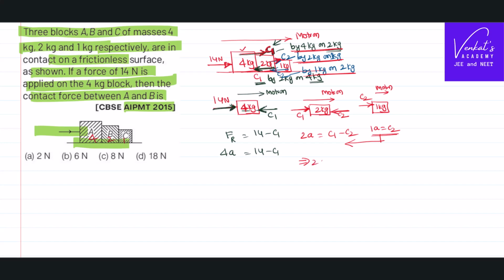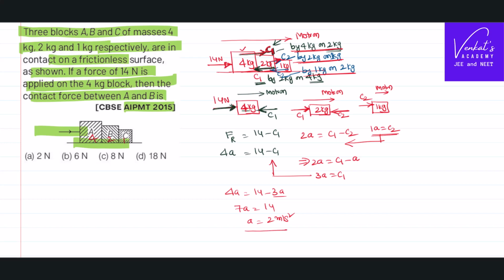That implies 2A equals C1 minus A, so 3A equals C1. Put this value of C1 in the first equation: 4A equals 14 minus C1, which means 14 minus 3A. Bringing 3A to this side, 7A equals 14. So A equals 2 meter per second square. You got the acceleration of the system.